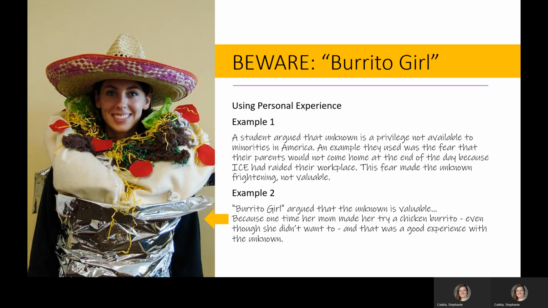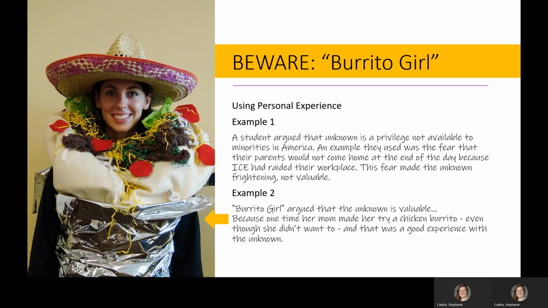Or personal experience. Sorry. This is an example from when I was a reader a few years ago, and I was reading question 3. And I like to call her Burrito Girl. This is not an actual picture of Burrito Girl, but I thought it was funny, so I included it. But this is 2 examples rather, of personal experience that's really compelling and personal experience that's not.